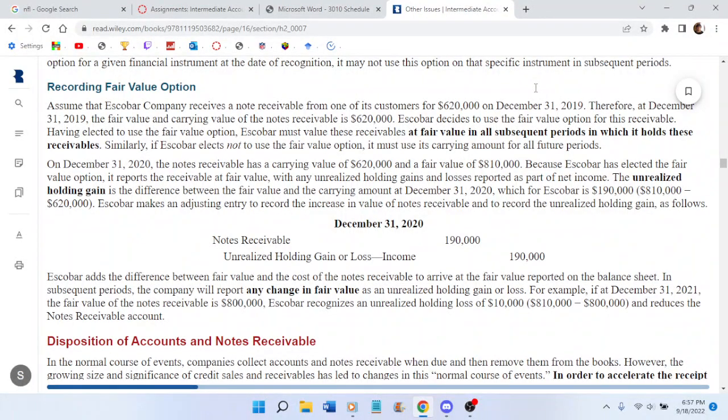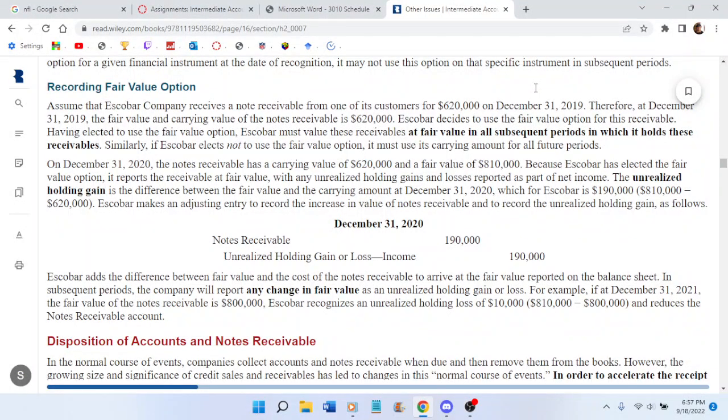A company receives a note receivable from one of its customers for $620,000. Therefore, at December 31st, the fair value of that is that. So we will use the fair value option for this receivable.